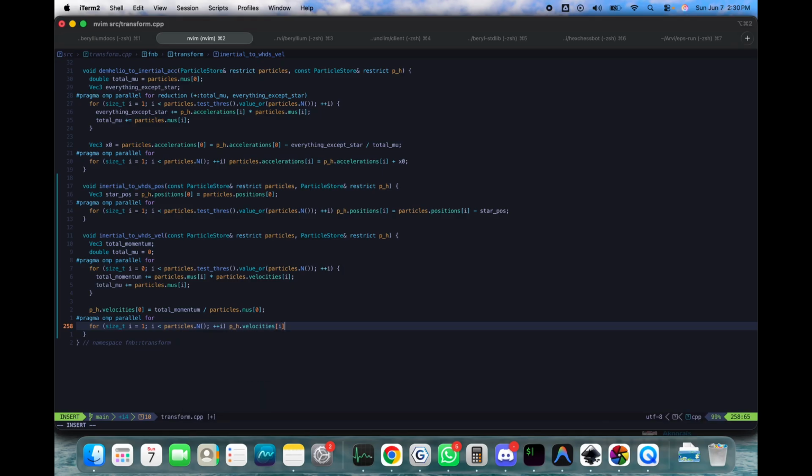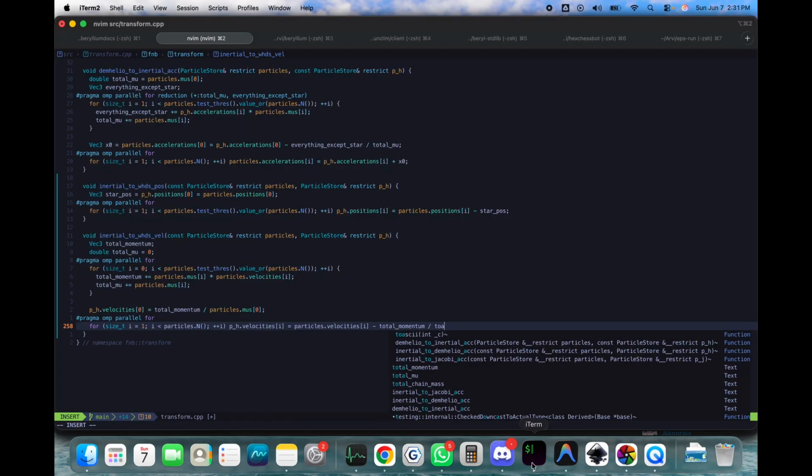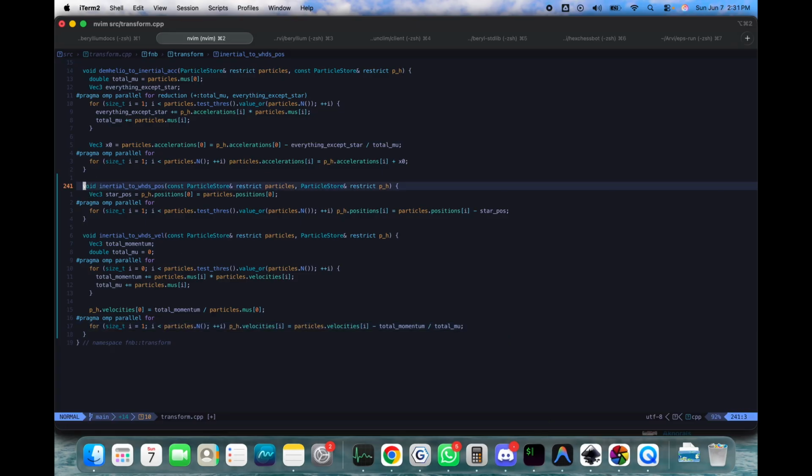Velocities index I equals particle dot velocities index I minus total momentum divided by total mu. I think this is correct.